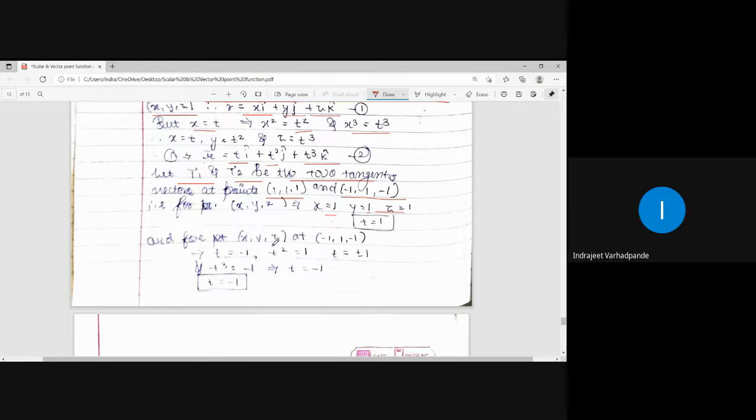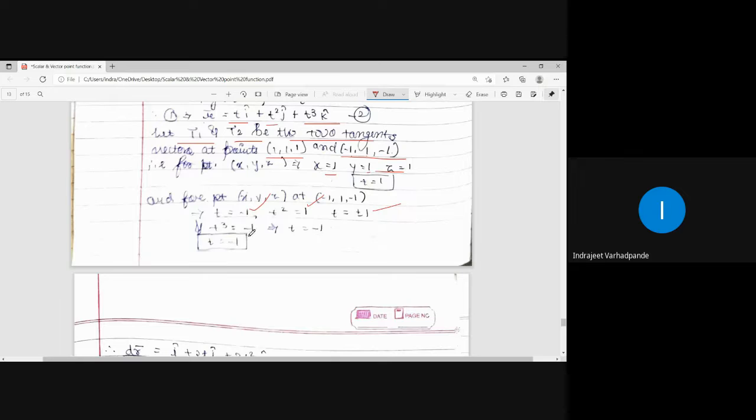For the point x, y, z at (-1, 1, -1), x is -1, t square is 1, therefore t is plus minus 1, t cube is -1, so t will be -1. So from this I avoid the positive value and take t is equal to -1 as the final, because cube of a negative number is negative, square of a negative number is positive, square of a positive number is positive.